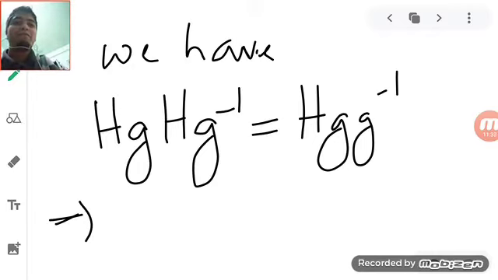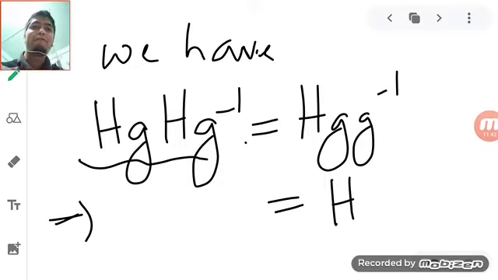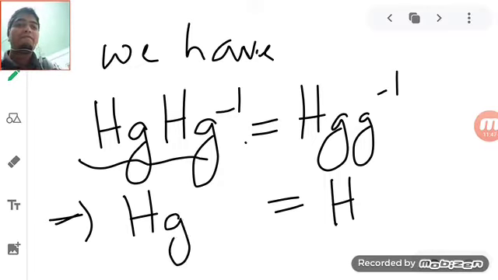This one you cannot move around, but this one you can combine. g and g inverse will form the identity e, so you will get H. So you will have this.